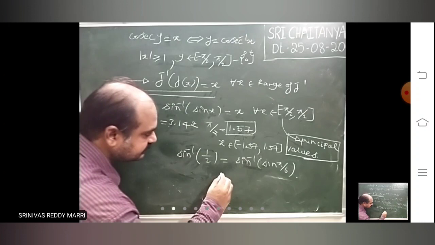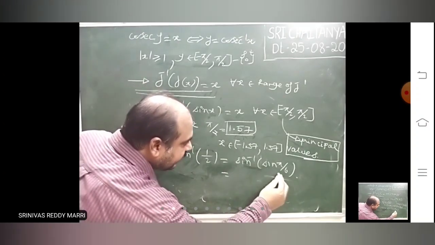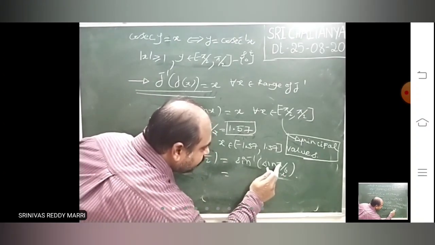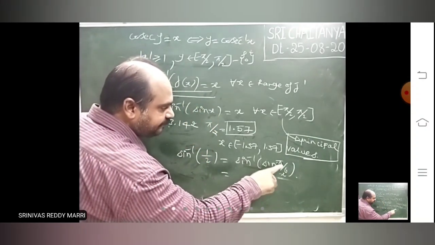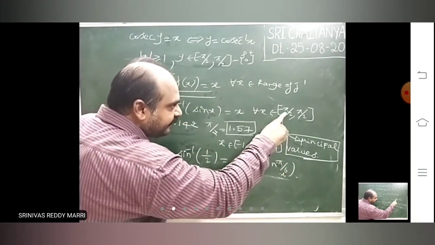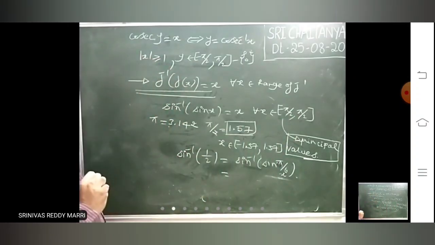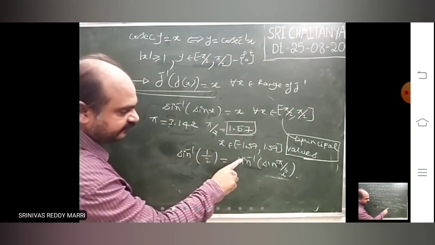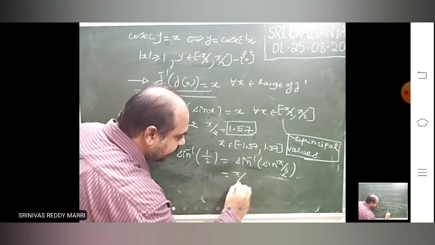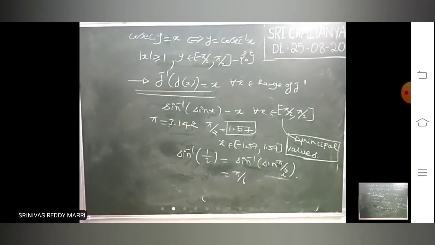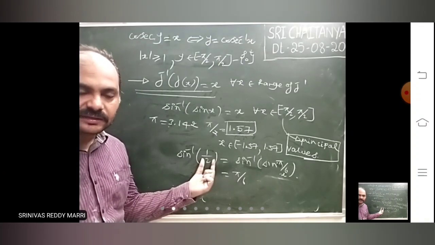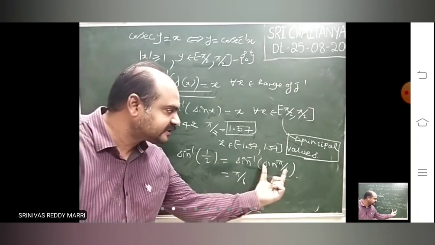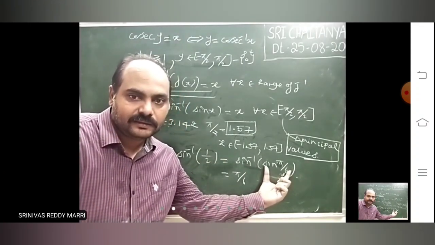This is nothing but sine inverse sine x, where pi by 6 is x. Is pi by 6 there in minus pi by 2 to pi by 2 or not? So therefore sine inverse sine x is x. Whenever a value is inside sine inverse, you write sine inverse of sine of that angle.